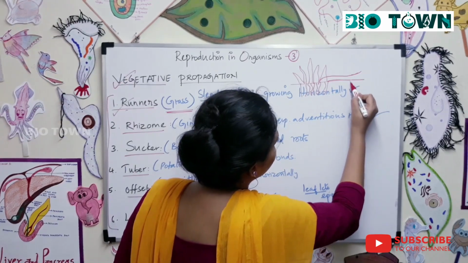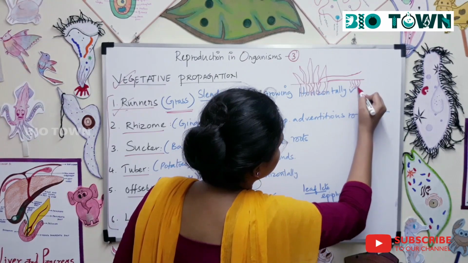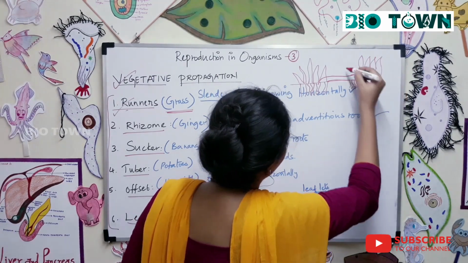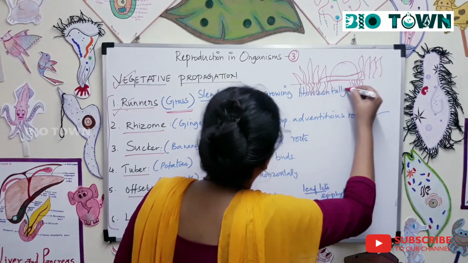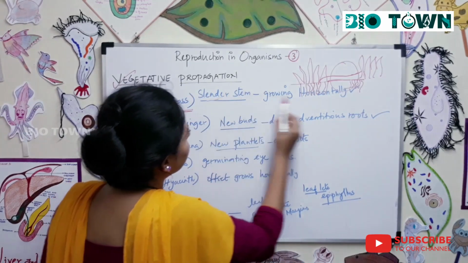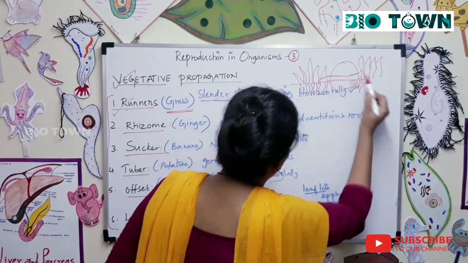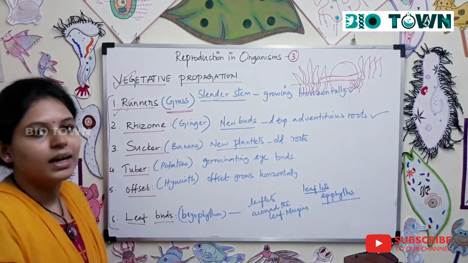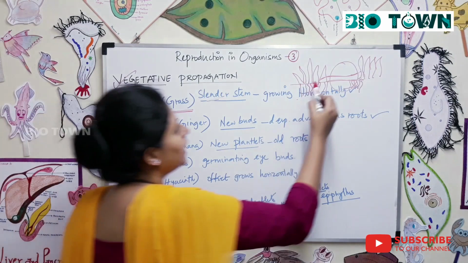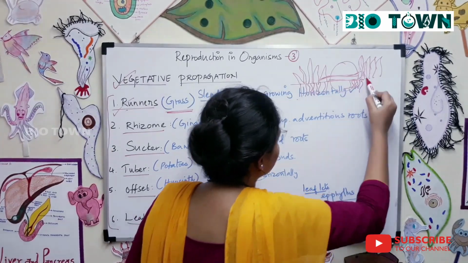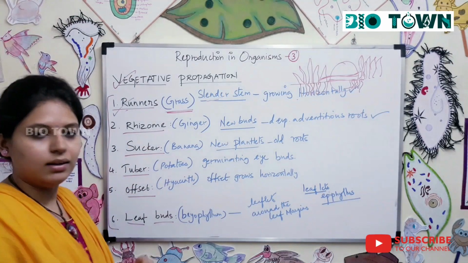And here there is a formation of root and a new grass. This slender stem growing horizontally is called runners. So it resembles as if a part of it is running and forming another grass. So they are called runners.